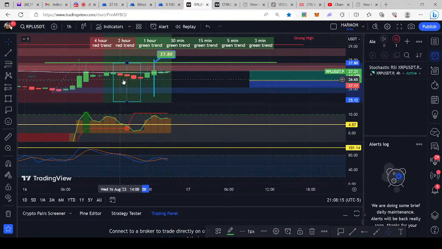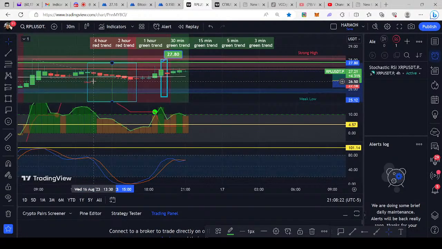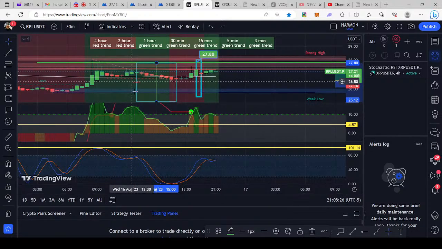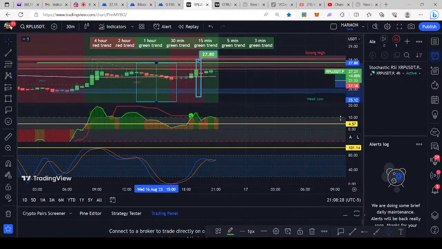Maybe on the 1 hour and the 45 or 30, but for a 2 hour cross back up, that's why the 2 hour green moon got rejected. It was just a hoorah. It wasn't actually a gain in buying pressure. That's it.